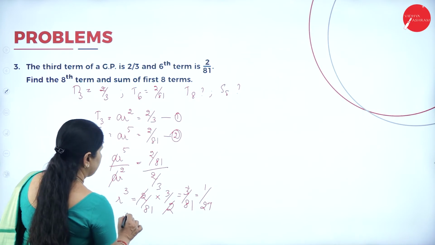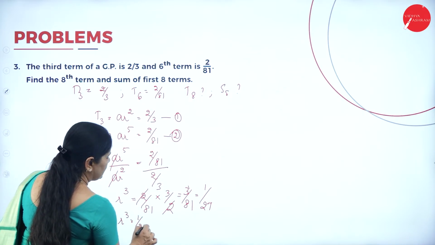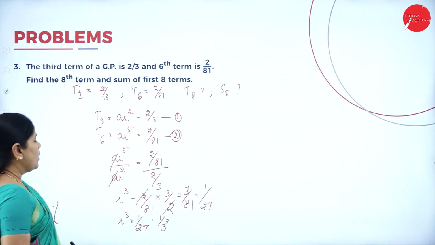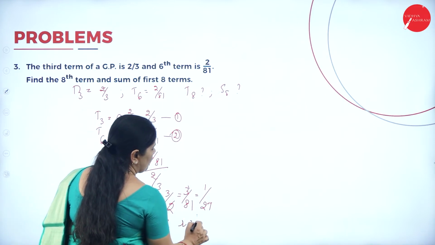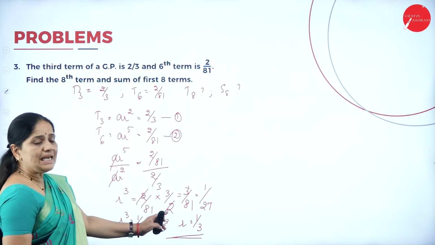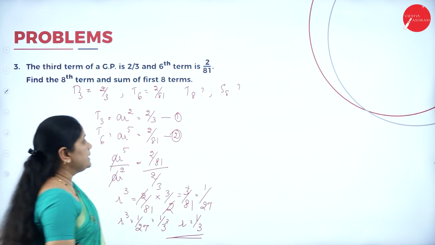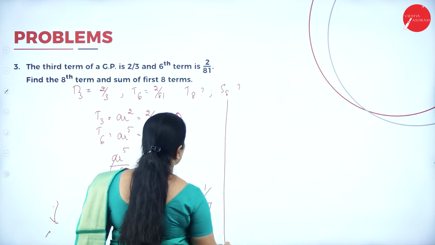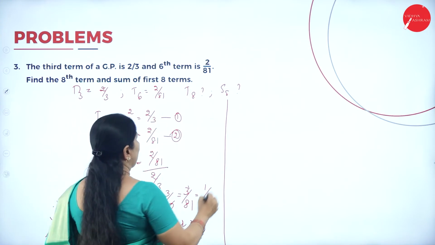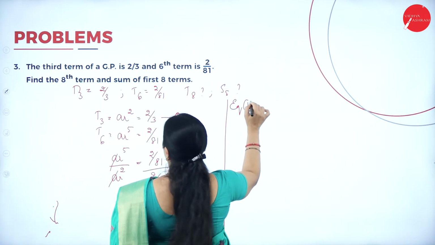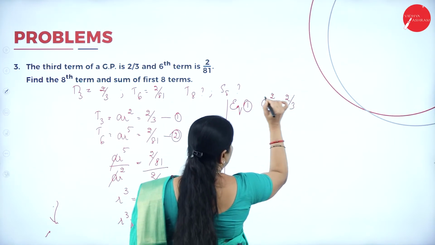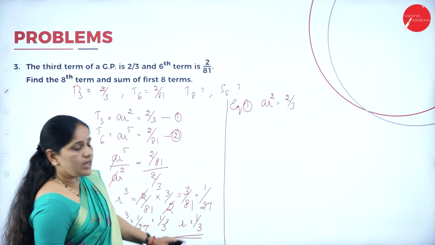So R cube equals 1 by 27, or it is equal to 1 by 3 cube, so R equals 1 by 3. Now I have to find A here. So I substitute the value of R equals 1 by 3 in equation 1, AR square equals 2 by 3. What is R here?